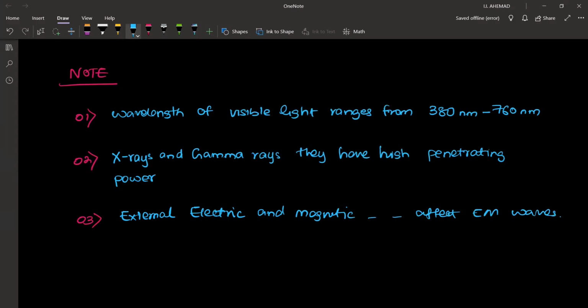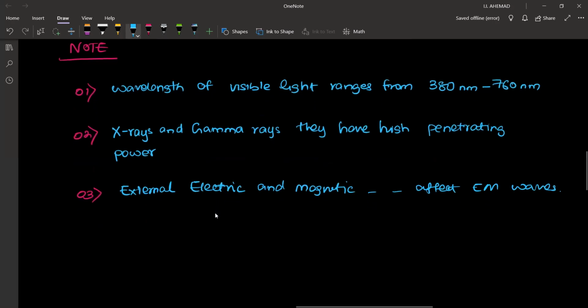Okay, now let's think. They won't affect, right? So what's the easiest example you can take? Think about light. Using a magnet, can you affect the direction of light? No, right? So they do not affect EM waves.